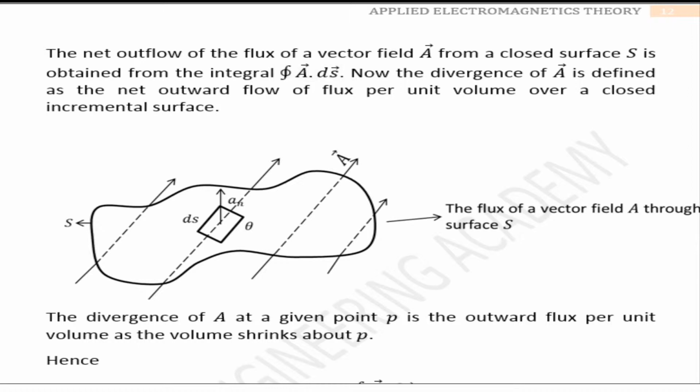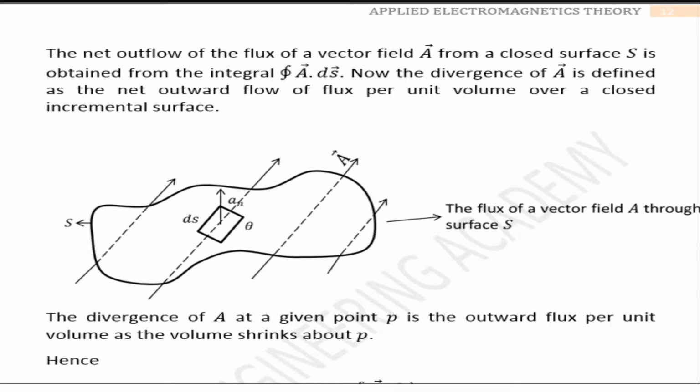That is, we are considering a closed surface, and a vector field A. So the net outflow of the flux of that field from this closed surface can be obtained by the closed integral A dot ds.